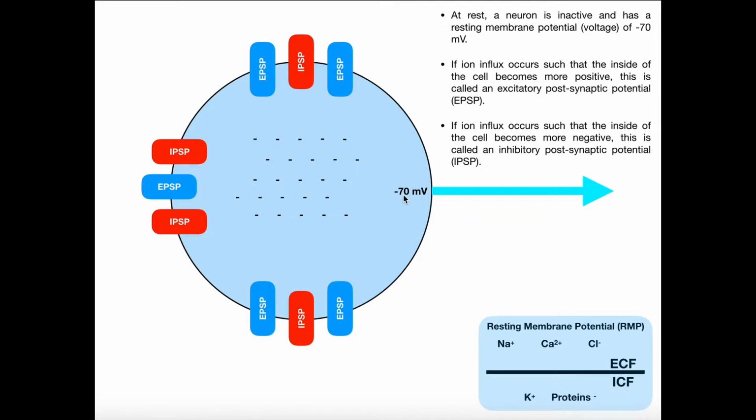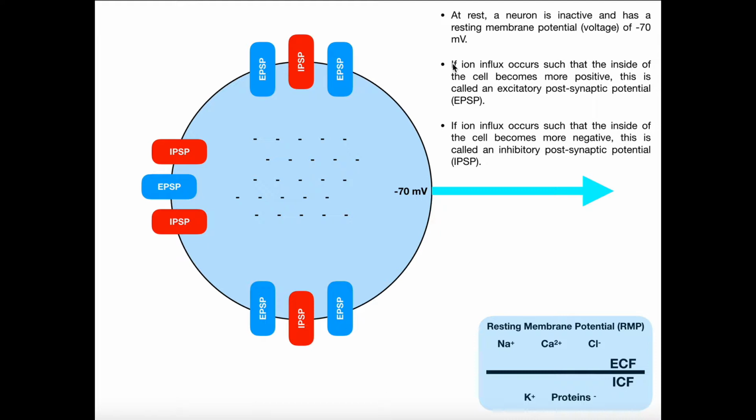Negative 70 is rest, and in order to become activated, you have to get this up to negative 55 millivolts. Remember, negative 55 is actually more positive than negative 70, because these are negatives. Negative 70 is very negative. If we want to get this to negative 55 millivolts, then we're going to have to do something where the inside of the cell becomes a little bit more positive. And that's the job of graded potentials.